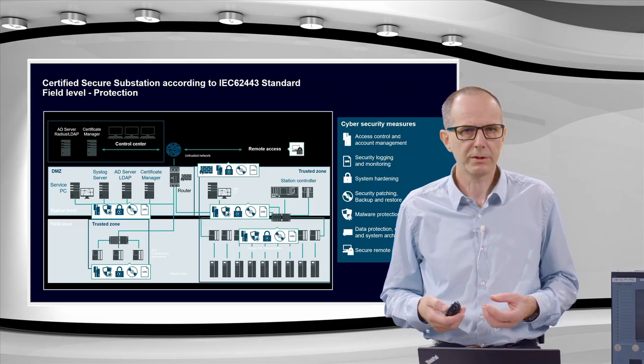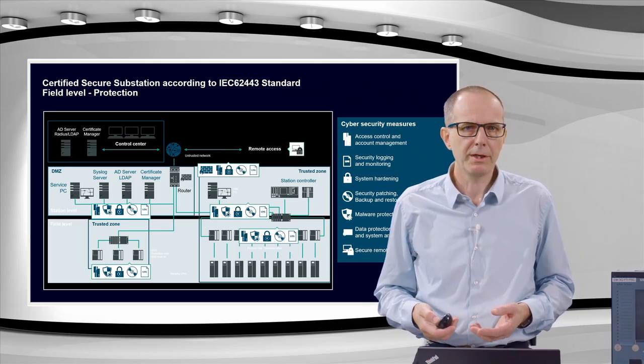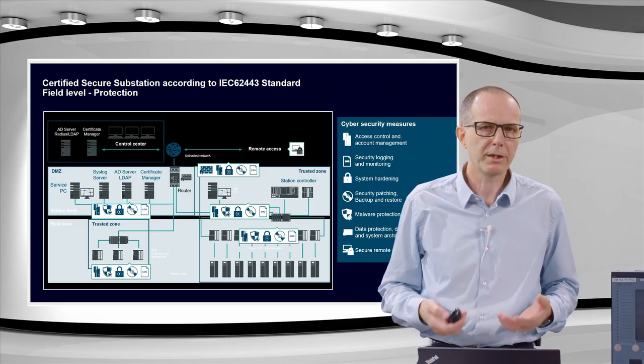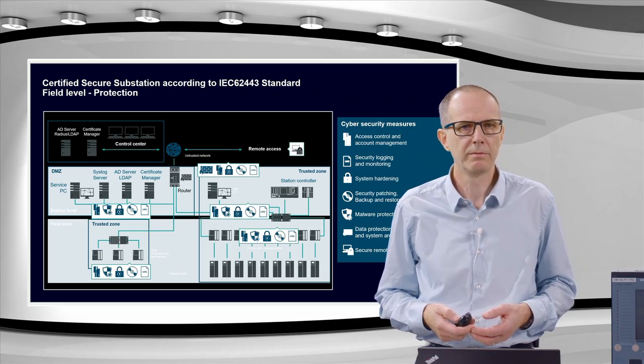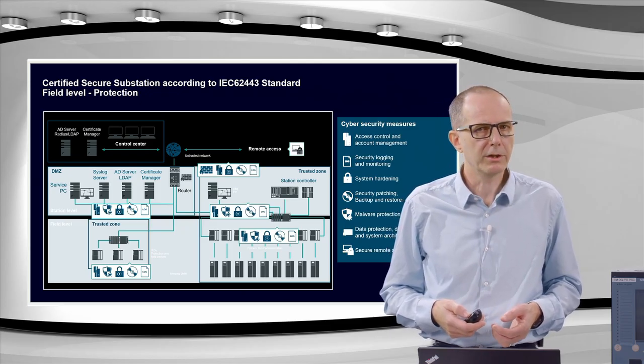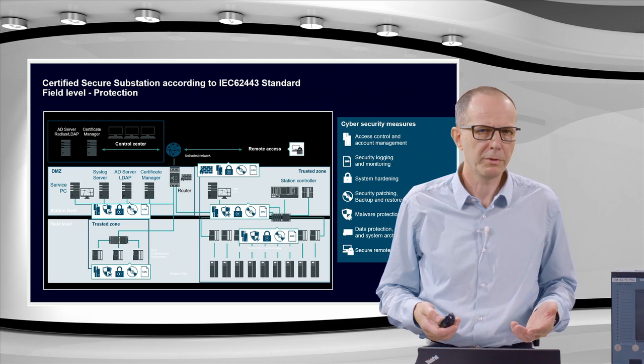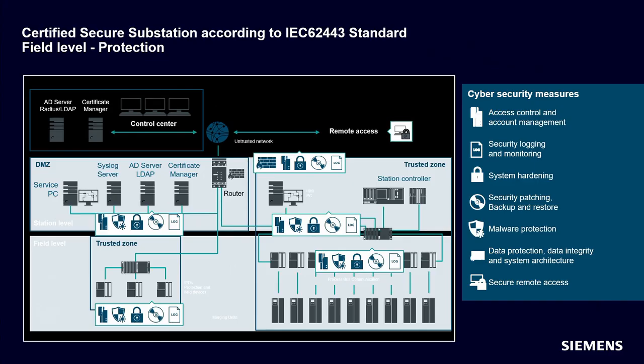According to these requirements, we validated with the TÜV a best practice architecture for substation automation. These include aspects such as network segmentation, access control and account management, logging and others.